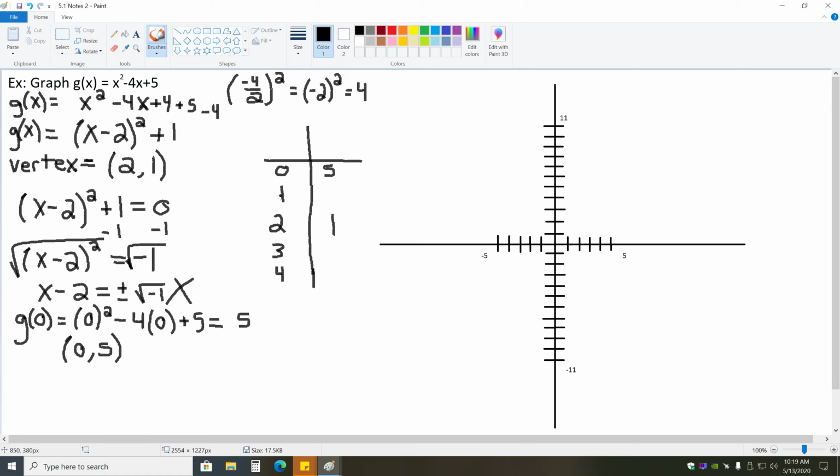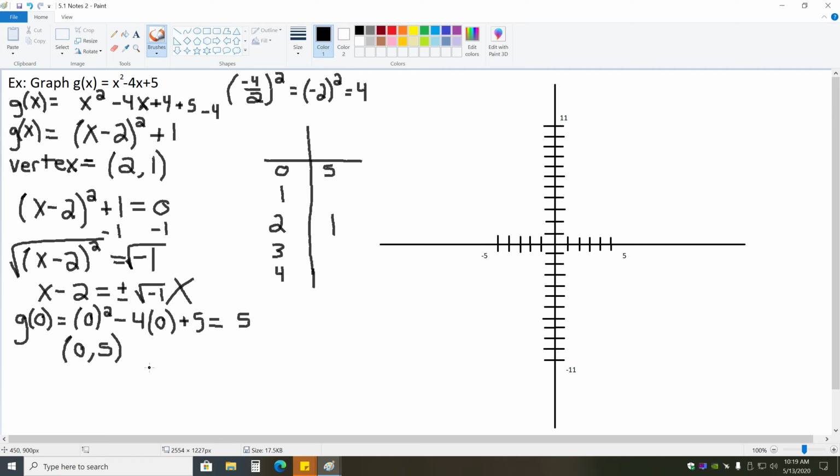And now we're just going to be plugging these values in to our function g of x. We can either plug them into the original function or into the vertex form. I'm going to use the vertex form as it's generally going to be easier to plug values into that.